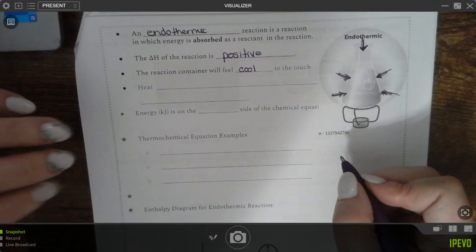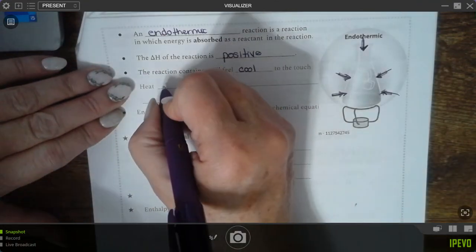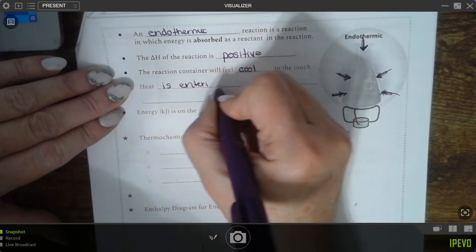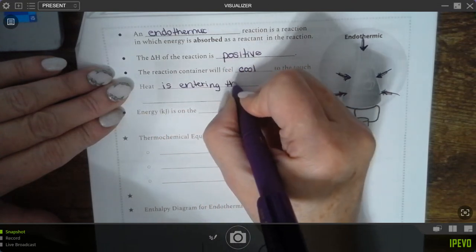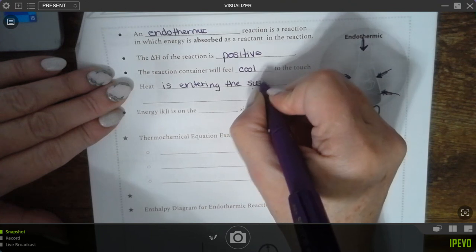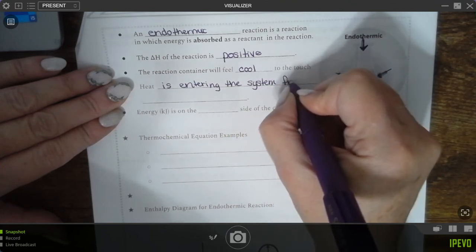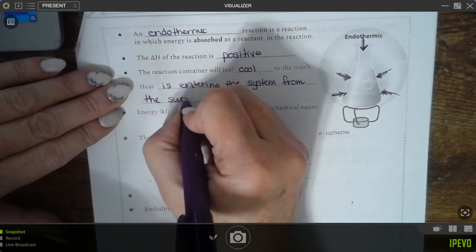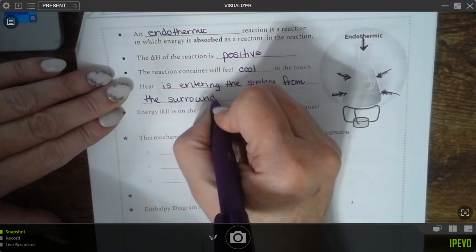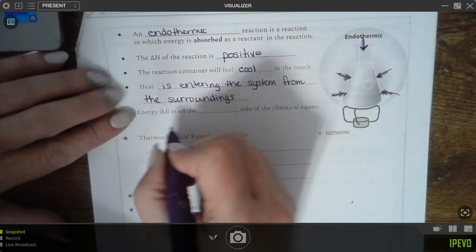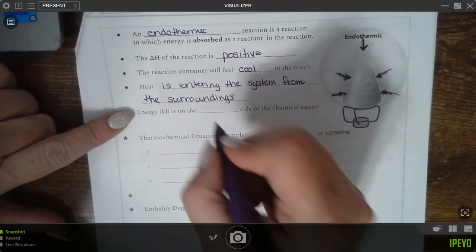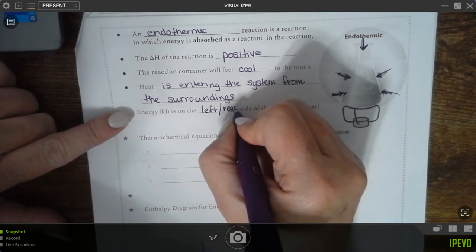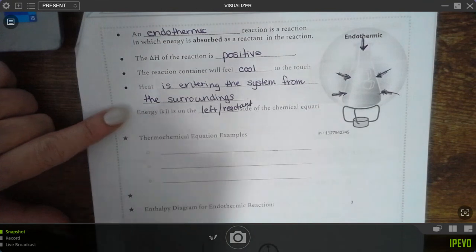In an endothermic reaction, heat is entering the system from the surroundings. And the energy, or kilojoules, is on the left side, or the reactant side of the equation.